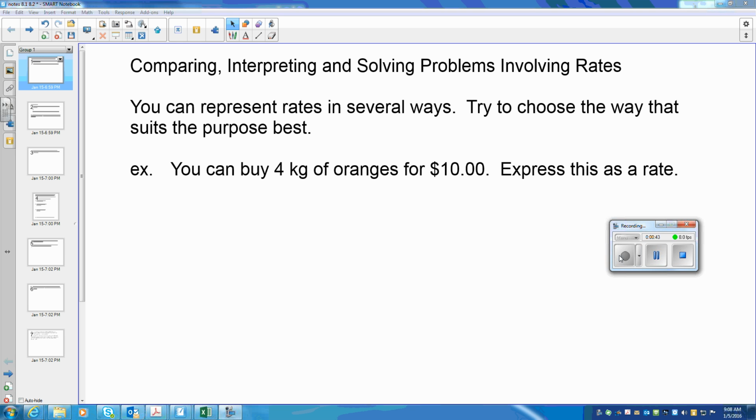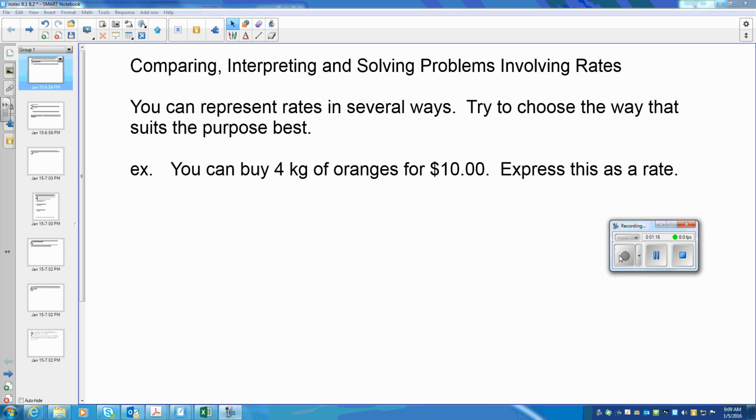Sometimes they're in kilograms or money per kilogram, but a lot of times most of the rates, if it's for cost, is money on top per something on the bottom, per pound, per ton, per whatever, per actual number of pears or kiwis or whatever it is. So you've got to remember when you're expressing a rate, the units are as important as the numbers. Okay? So if you don't write the units down, your answer isn't complete, right?